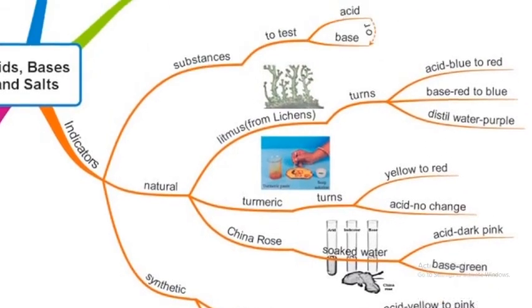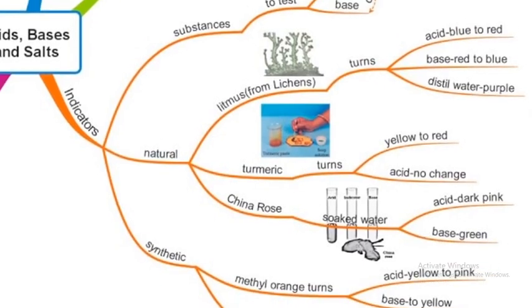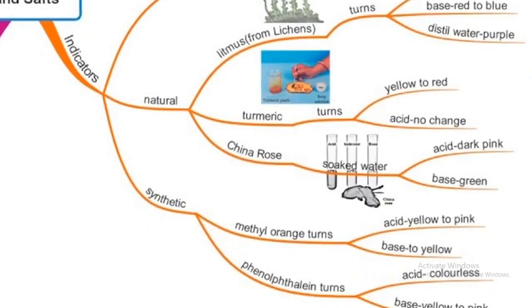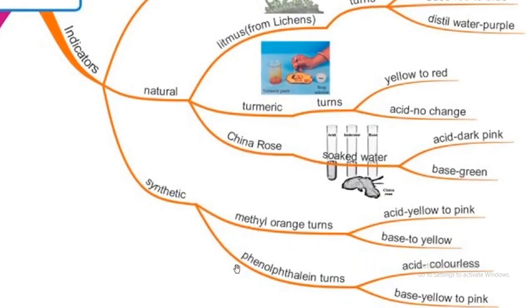Examples: natural indicators like litmus, turmeric, china rose. If we see synthetic indicators, methyl orange and phenolphthalein are synthetic indicators, prepared in the laboratory.